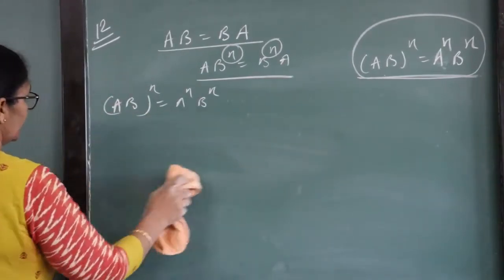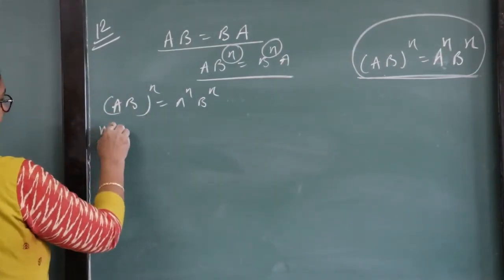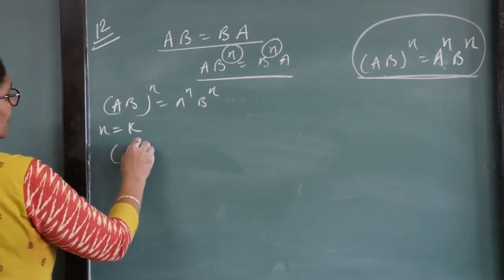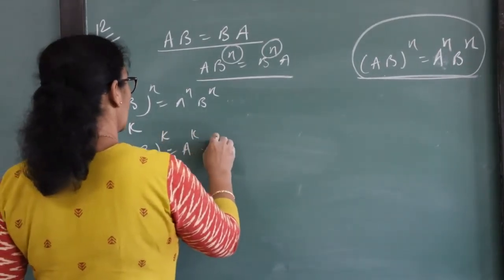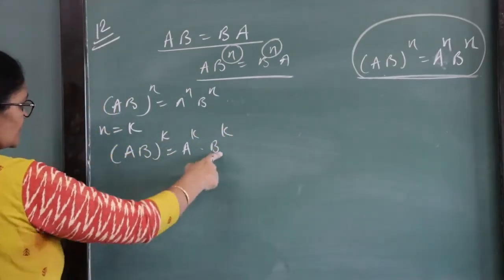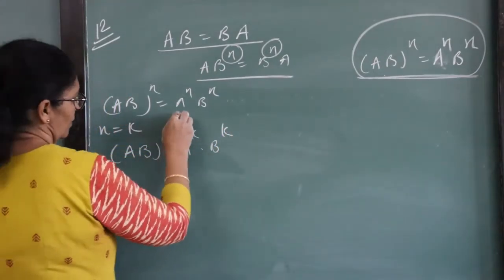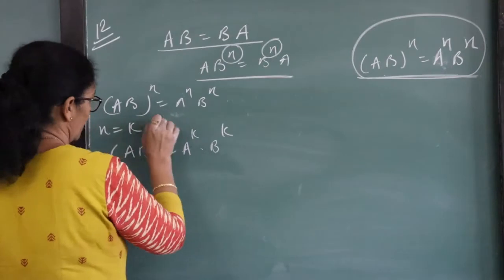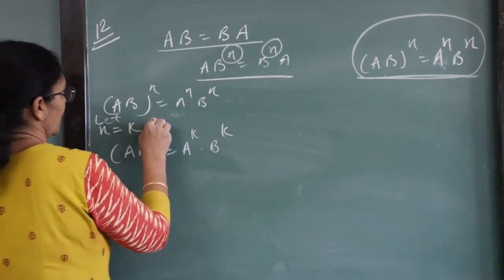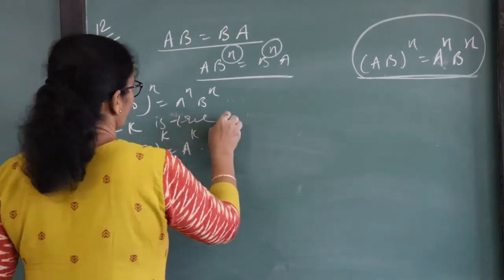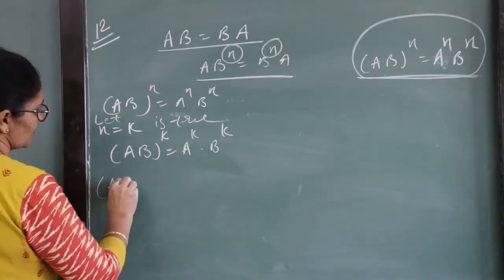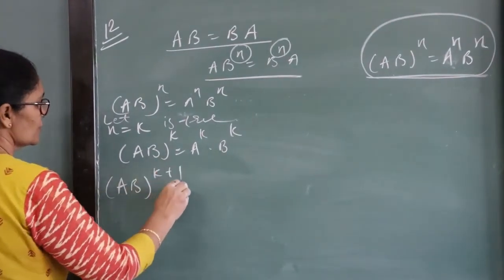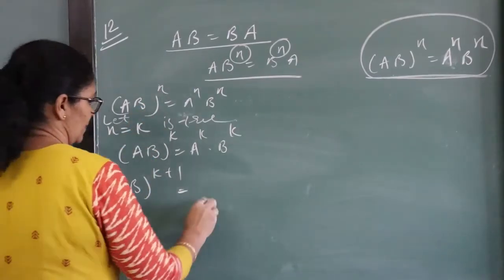For k granted, meaning in place of n, we will write k: (AB) raised to k equals A raised to k, B raised to k. This result we are using directly, or we can say we have assumed. So let P of k be true. Now let's take k plus 1. In place of n, we write k plus 1.